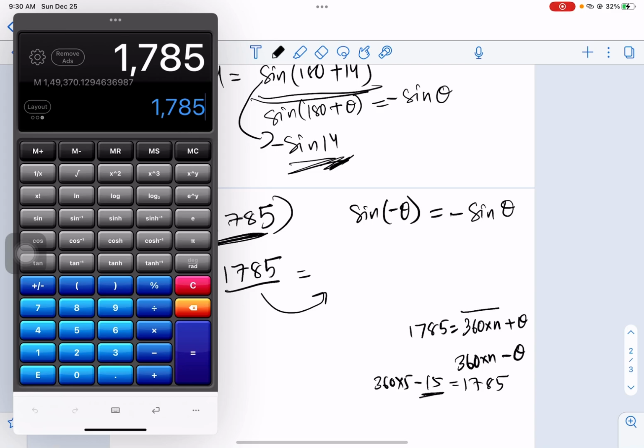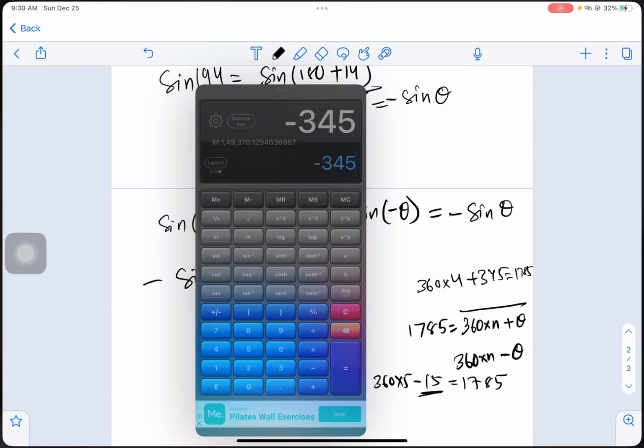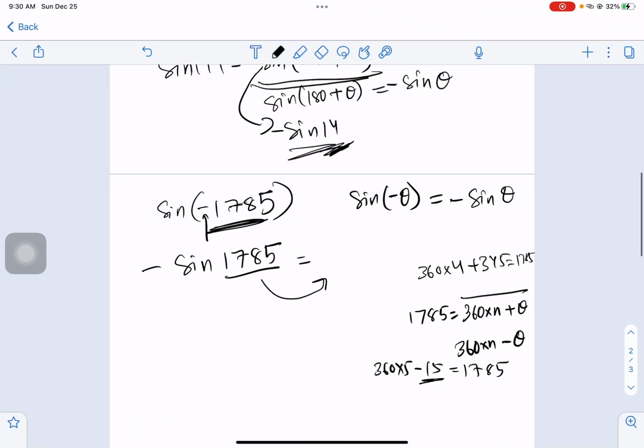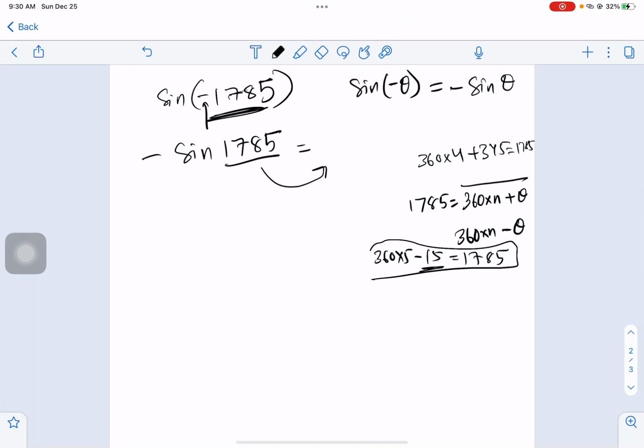Now try 360 times 4, because we never know. 360 times 4 is 1440. What should be added is less than what I have, so I have to add 345 to get 1785. Similarly, which option do you think is best for me? It's obviously this one, right?